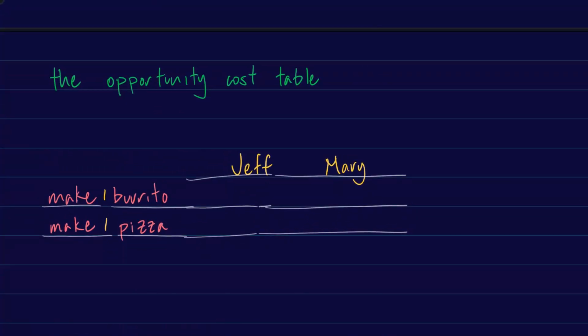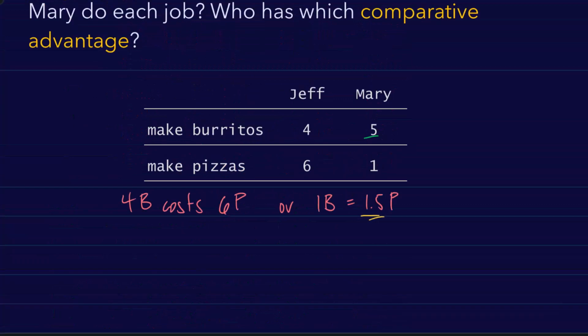So here we have an opportunity cost table. So we'll put this here. Having Jeff make a burrito costs us 1.5 pizzas. Now, conversely, if Jeff is making pizzas, he can make 6 in an hour. And when he does that, he's not making 4 burritos.